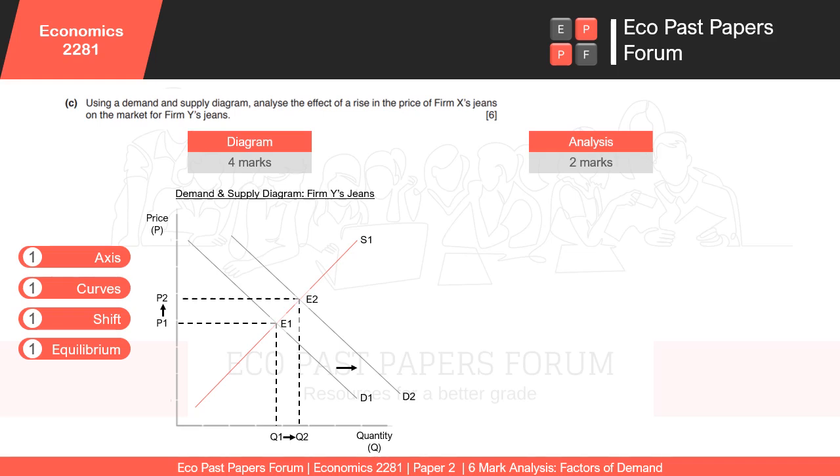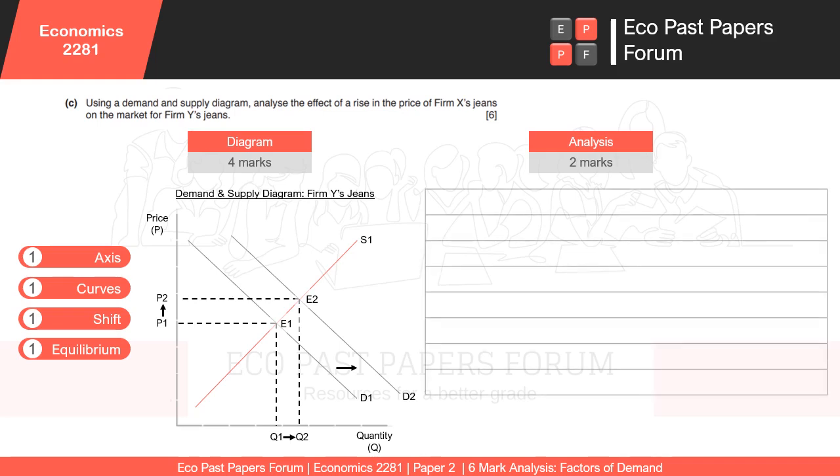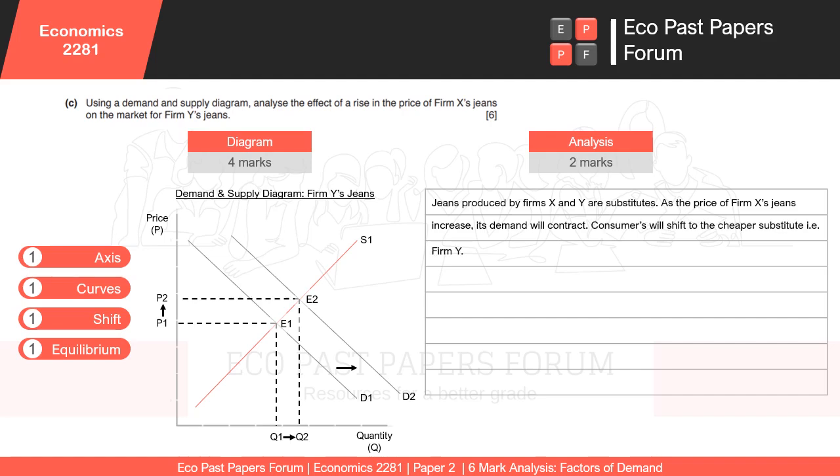So I hope you've got this correct. Now for the analysis part, I will begin by writing: jeans produced by firms X and Y are substitutes. I have established the fact that I know that these products are substitutes. As the price of firm X's jeans increases, its demand will contract. There will be a movement along its curve, of course, its curve is not required, so we have not drawn it.